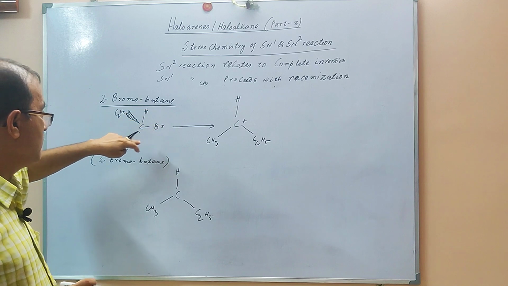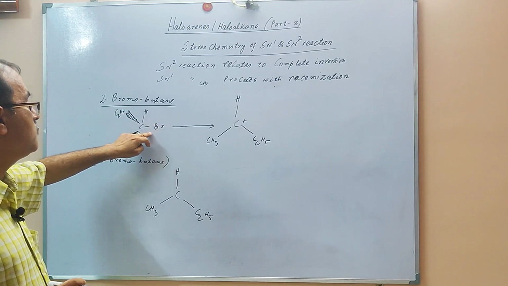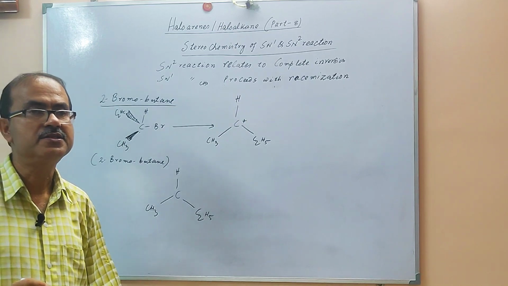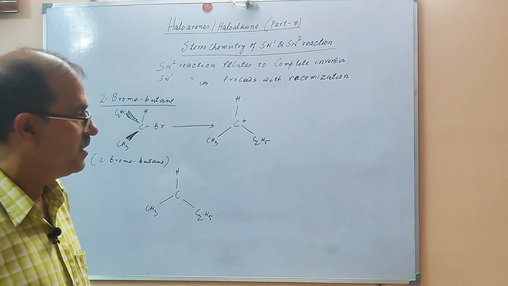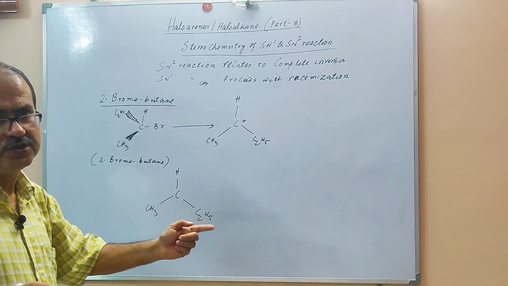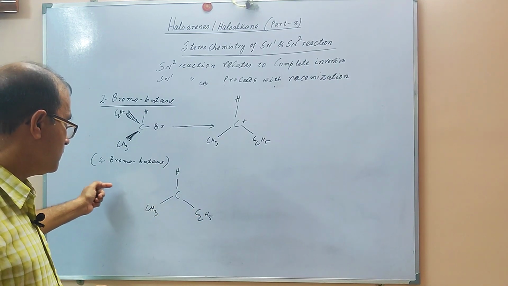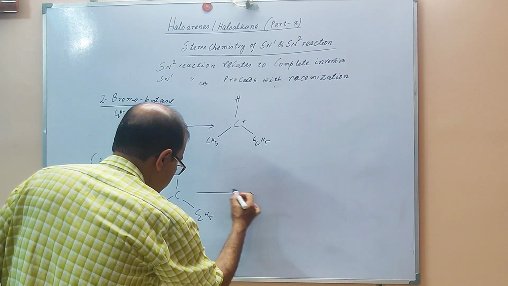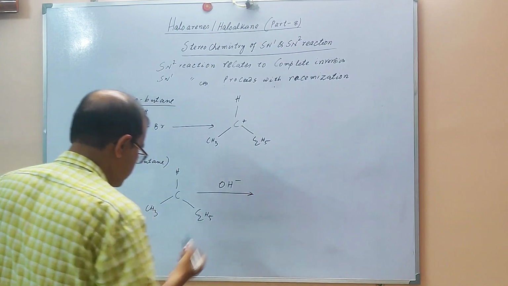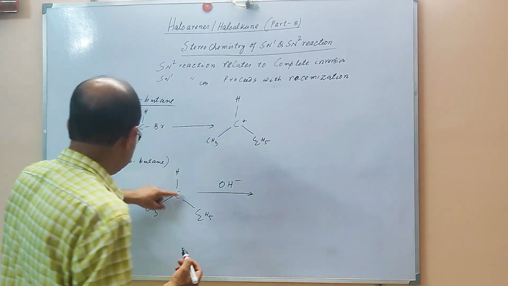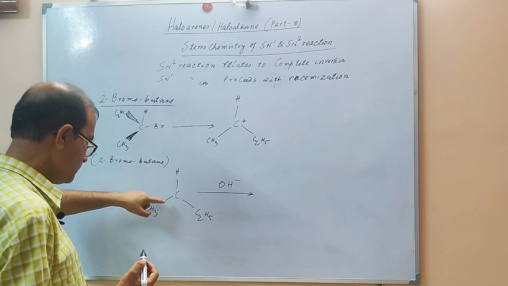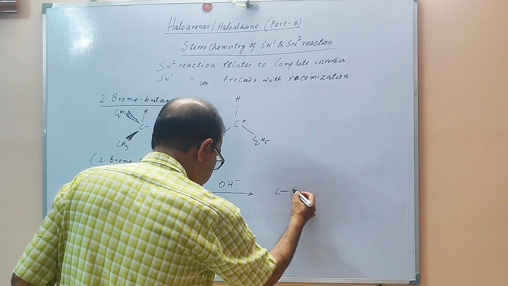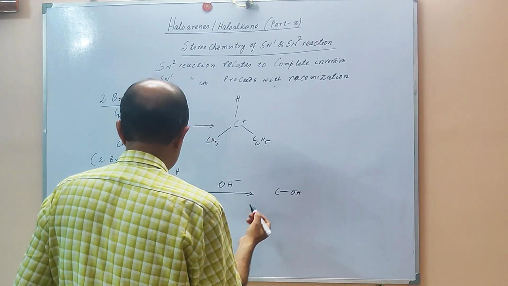When it adds to this position, there will be complete retention of the configuration. The OH minus ion can be added from both directions. You can see this is where the bromine atom was attached initially. So if it attaches here, it will show the same configuration.